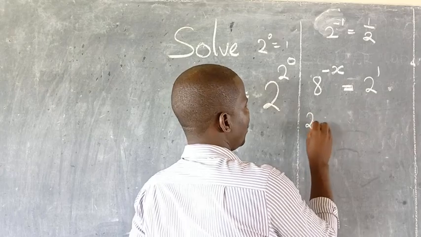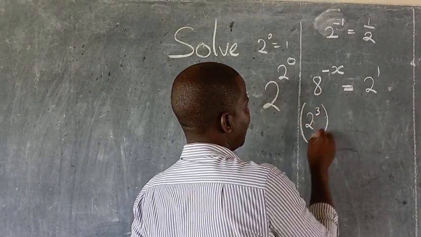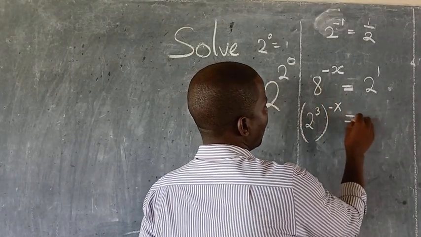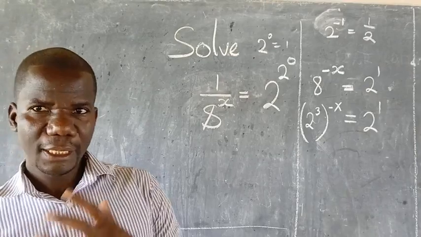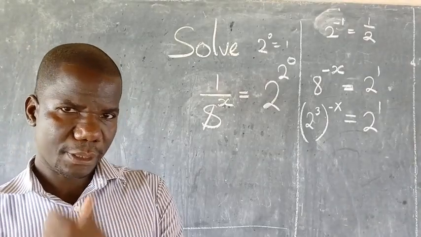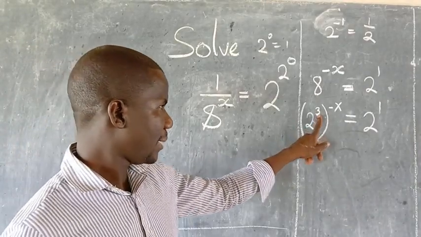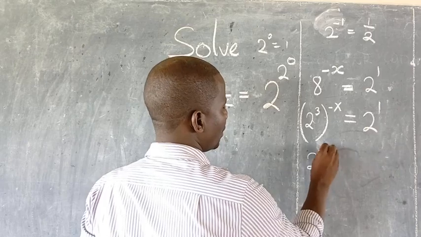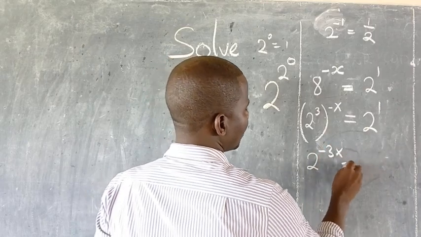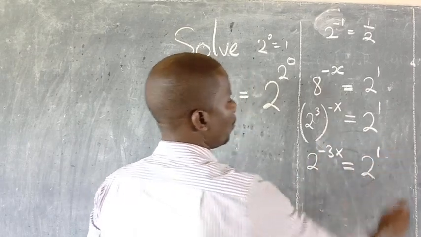Yes, 8 is 2 cubed. And again, by the laws of indices, we multiply the powers, so we end up with 2 to the power negative 3x is equal to 2 to the power 1.